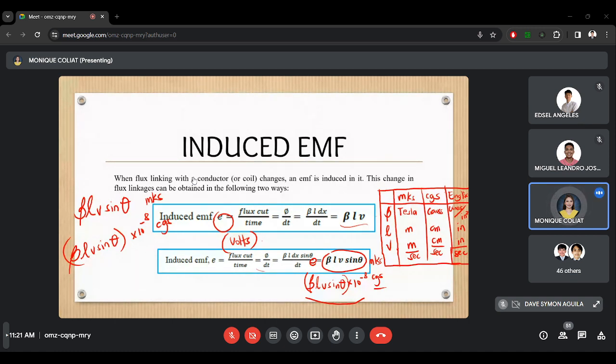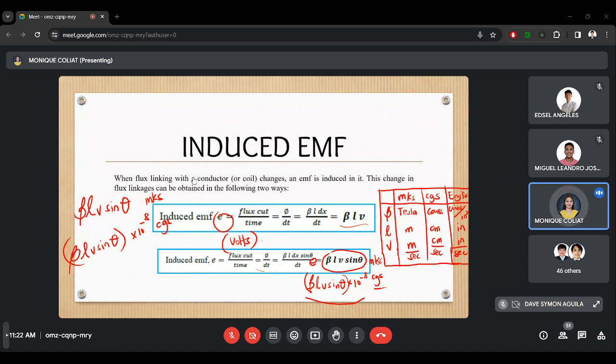The unit for E, the induced electromotive force, is volts, because you are getting voltage there. In MKS, we have Tesla for flux density, CGS is Gauss, English is lines per inch squared. For length, in MKS we have meters, CGS centimeters, English inches. And for velocity, in MKS we have meters per second, CGS centimeters per second, and in English inches per second.